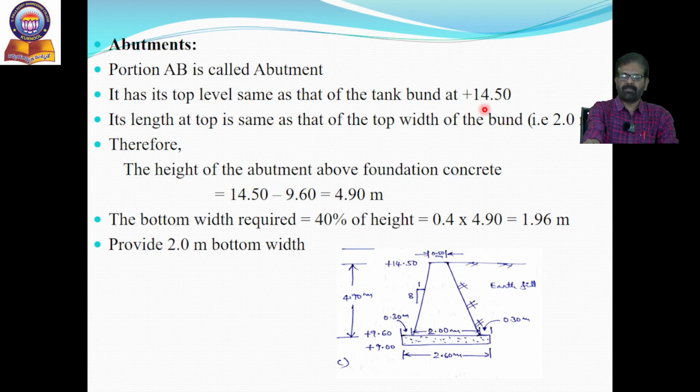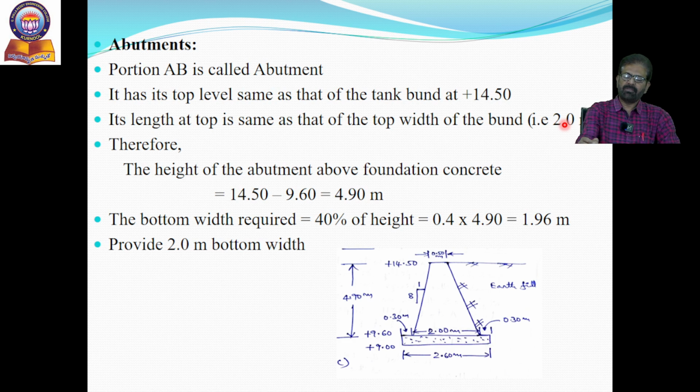The top level of the abutment is same as that of the tank bund, which is equal to plus 14.5 meter. Its length at the top is same as the top width of the bund. In most cases the tank bund top width may be a minimum of 2 meters. Therefore the length of the abutment at the top is the same as the tank bund top width, which is 2 meters in the present case.